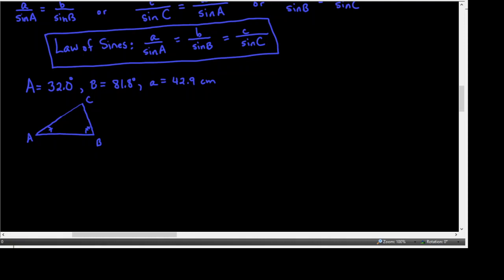And in fact, whenever I see that I have two given angles, the very first thing I would do is find angle C. Because the total of all three angles, 180 degrees, minus the measure of A and B, so subtract both of them, will give you the size of the remaining angle, in this case C. So what do you get for C in this case? 66.2 degrees. So we have one item that we found.